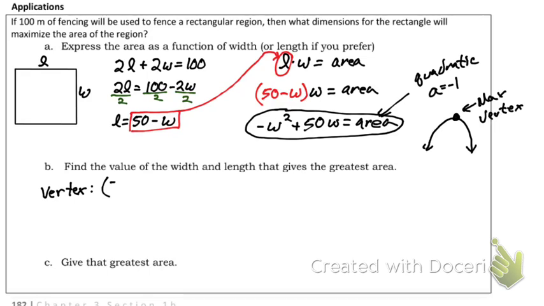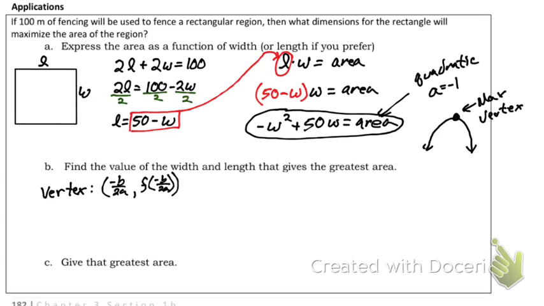It would just be -b over 2a. And then we'd have f of -b over 2a there. Well, that means to find our vertex maximum value, we're going to use -b over 2a.